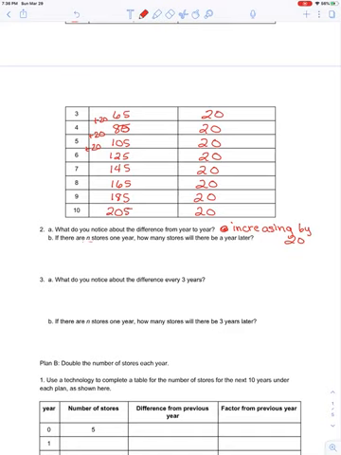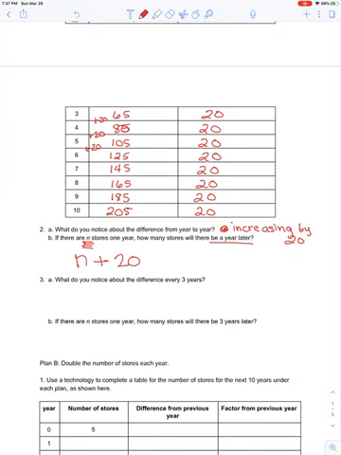So if we don't know something, we always use the variable. So we don't know what year we want, but we want to know how many stores there will be a year later than that. So if I'm at year, we'll say 52, then I know the next year I'm going to add 20. So I have a year, and then I'm going to increase it by 20 every year.